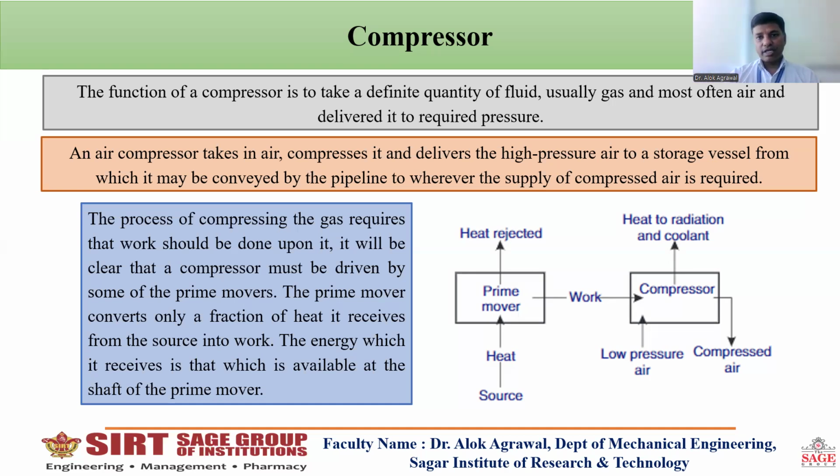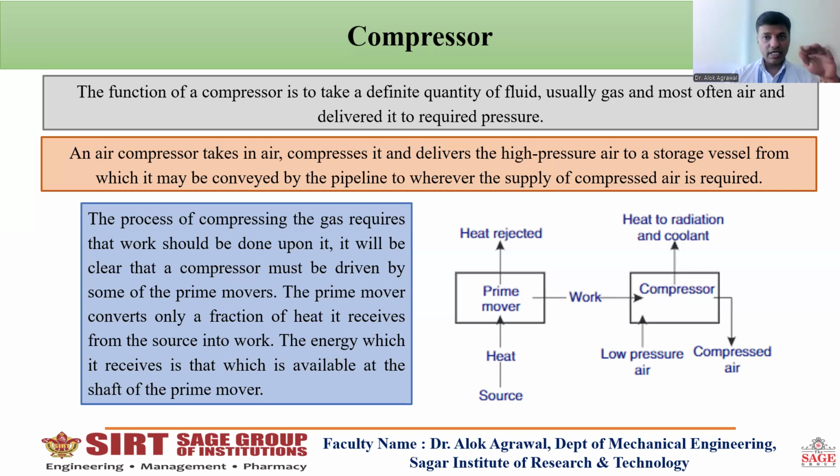When the compressor takes work from that prime mover, it takes low pressure air, compresses it, and supplies that high pressure air to a storage vessel. That high pressure air is getting stored there, and whenever it is required, we can use it for certain applications.